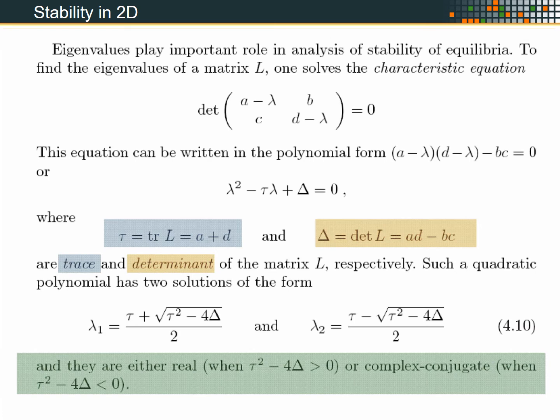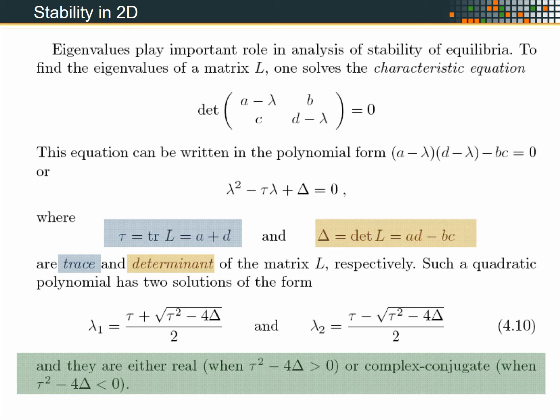Since we're interested in the eigenvalue primarily, we can compute it immediately. To this end, we use a characteristic equation. The characteristic equation is equivalent to the determinant of the Jacobian matrix minus lambda on the diagonal equal to 0.